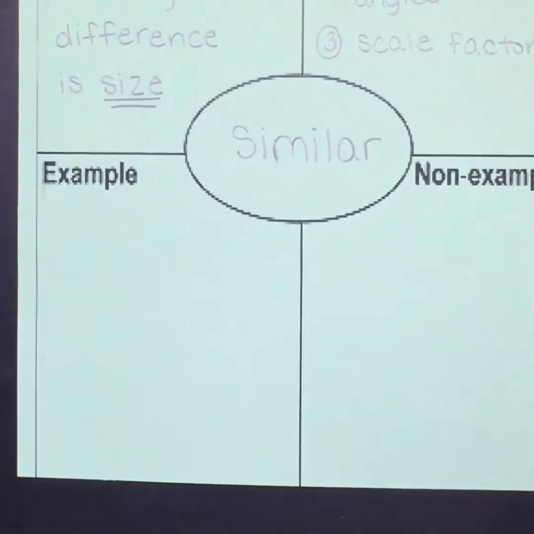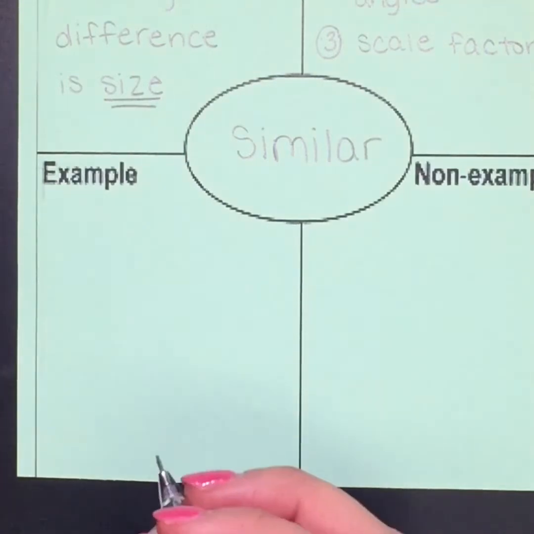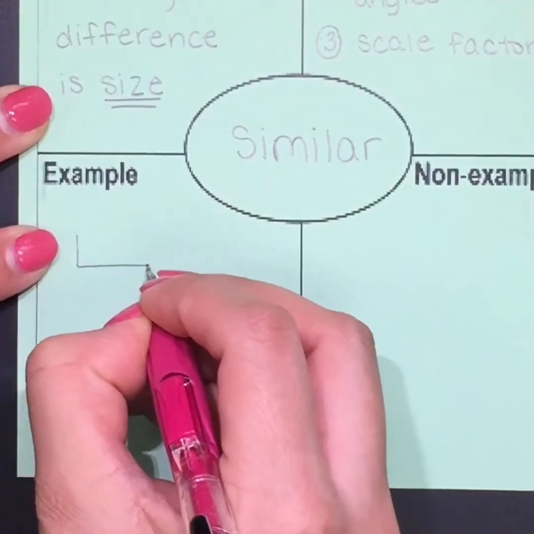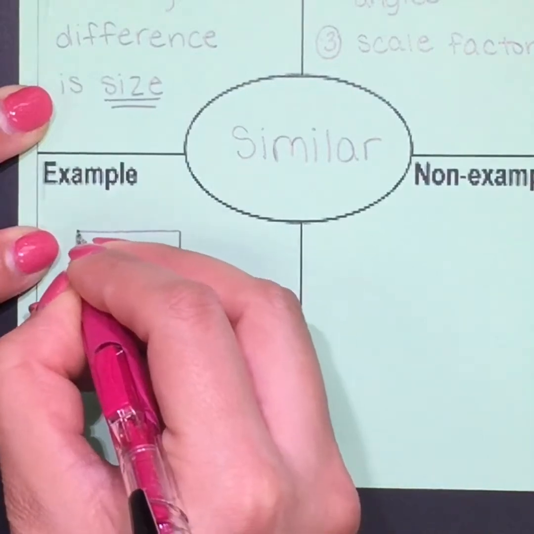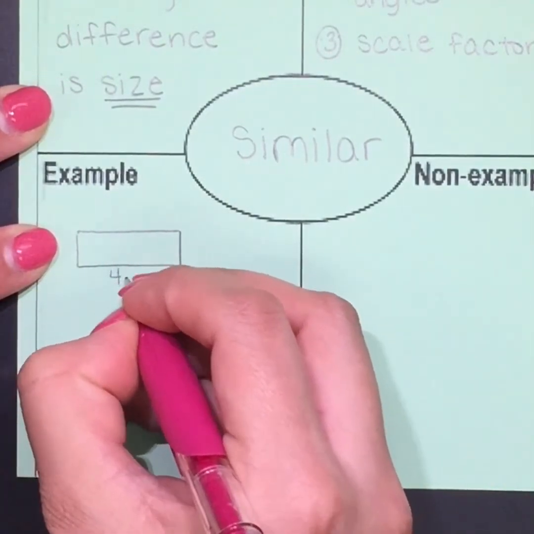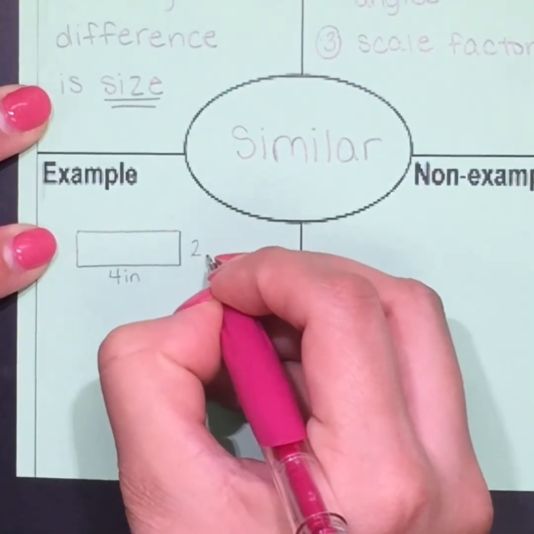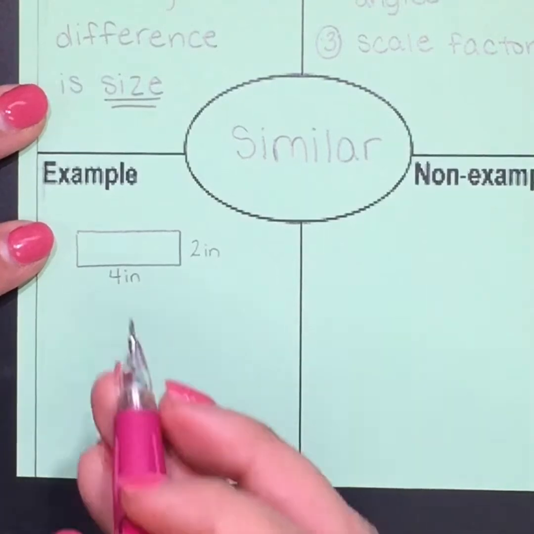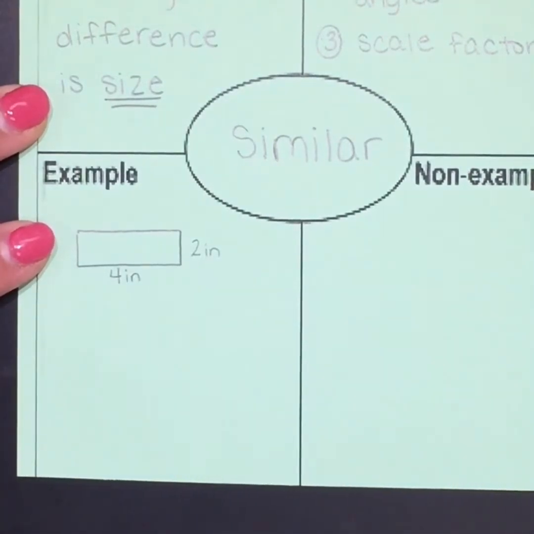Okay, so here's our example of 2 similar shapes. So first, let me start with a small rectangle. And this small rectangle has the dimensions of 4 inches by 2 inches. Okay, so that is my small rectangle, and there's going to be an enlargement.